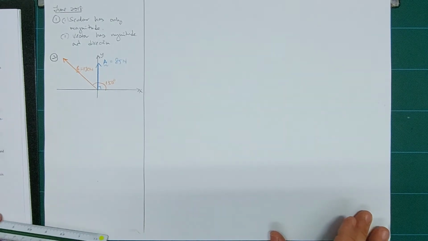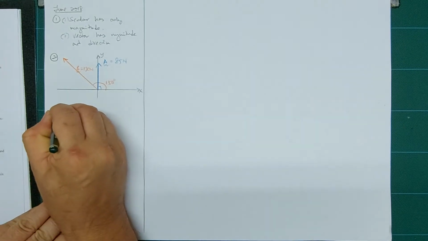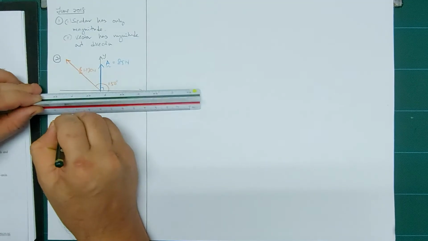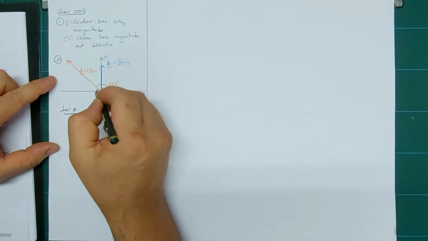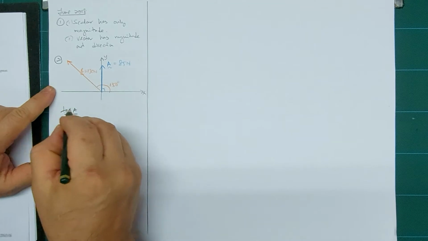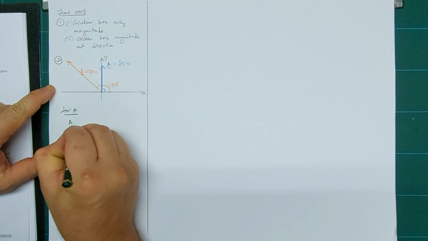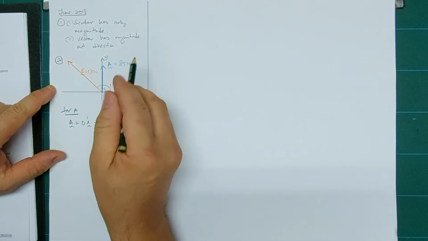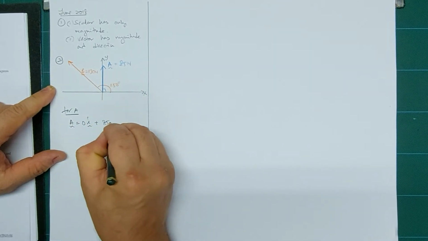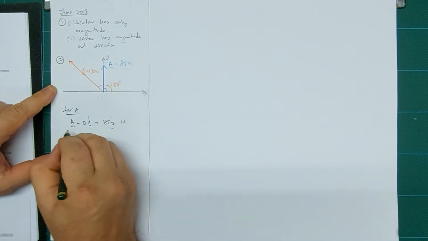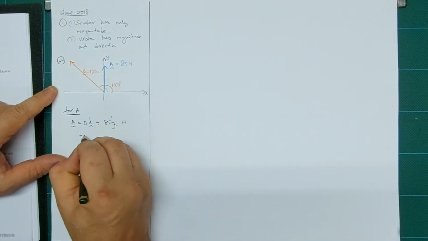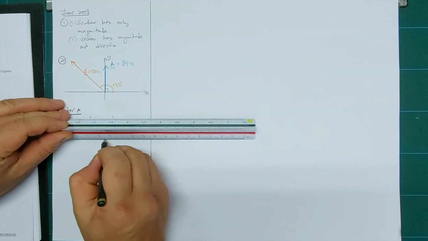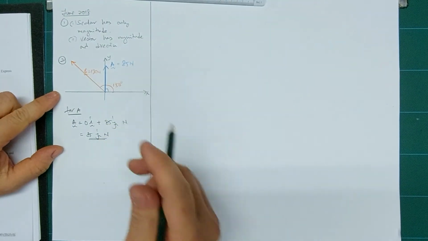For A, it has 0 i component, so we can write A as 0 i plus 85 j newtons. Since the first one is 0, we need not write it down. So A is 85 j newtons, our A in component form.